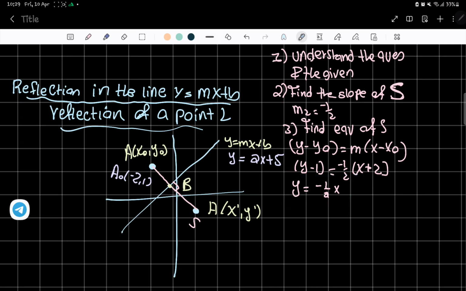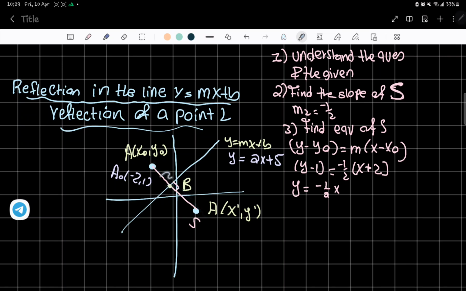Okay, so when we find the equation of s, the next thing we need to do is find point B. Point B is the point right here where the line of reflection and the line drawn from A to A prime, or the original point to the reflected point, meet.